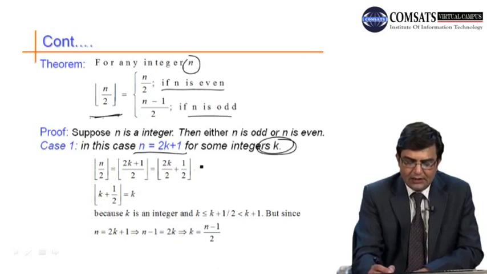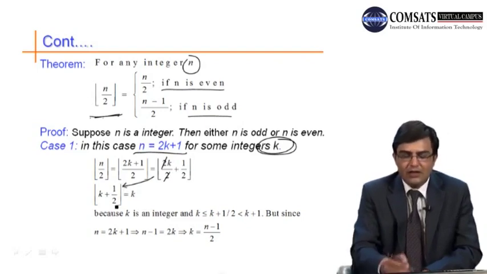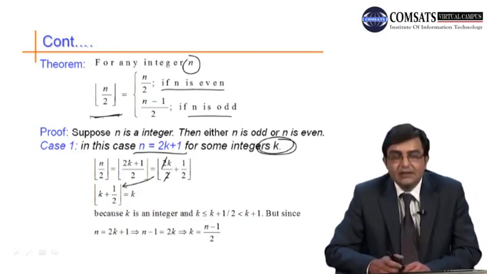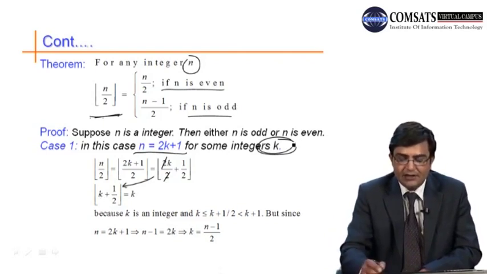The 2s cancel and we obtain k plus 1 by 2, and we have seen in the previous slides that if k is an integer and we add 1 by 2 to it, the floor of k plus 1 by 2 will be k.